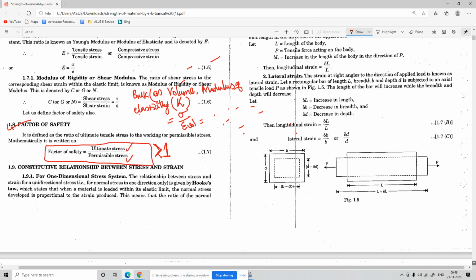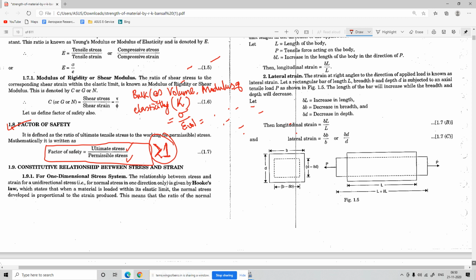Clear? Yes, ma'am. Now we will see how this material property changes with different kinds of materials and what the typical graphical representation of it is.